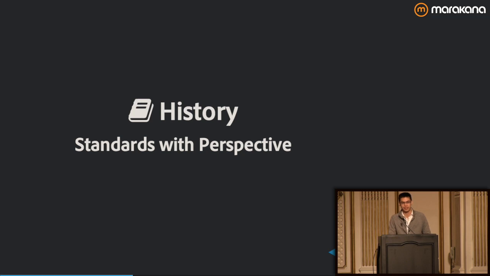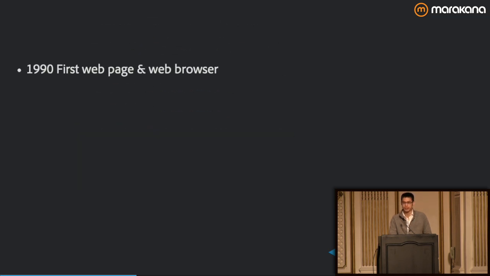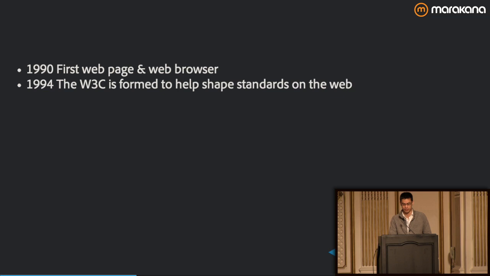To give an answer to this question, I'd like to go over a little bit of history, because hindsight is much easier than future predictions, and talk about the past for CSS. In 1990, Tim Berners-Lee develops the first web page and web browser. In 1994, the W3C is formed to help shape web standards.